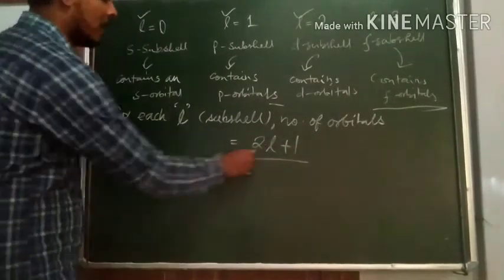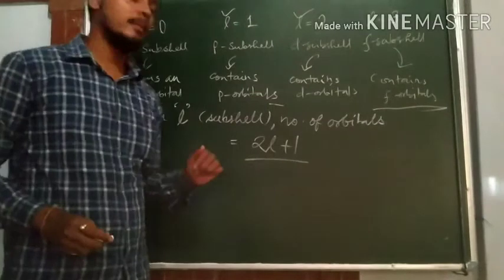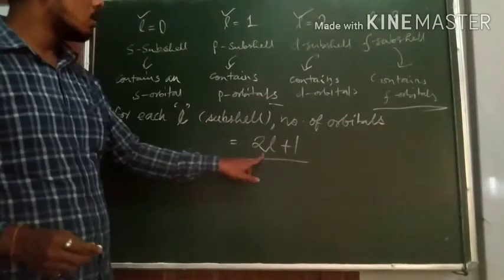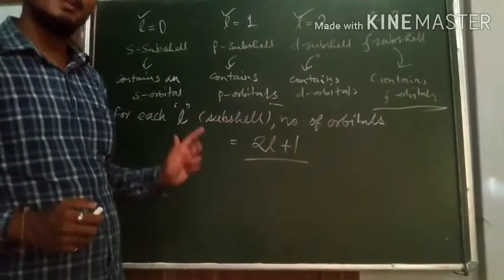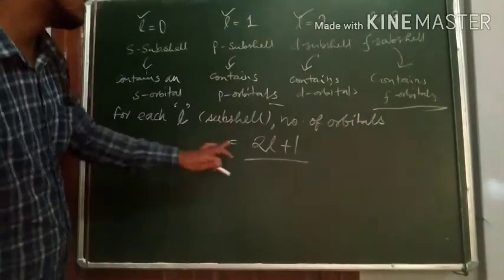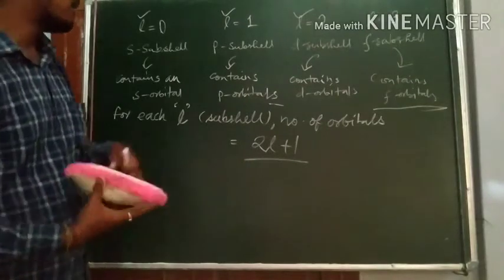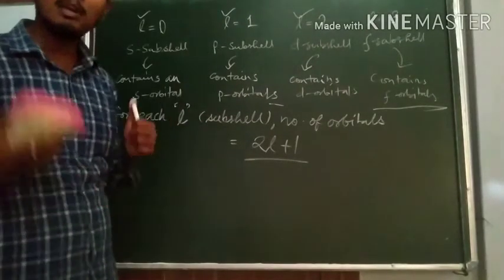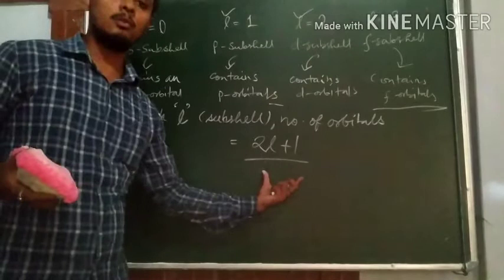So 2L plus 1 orbitals will be present in a particular subcell, where L is the particular value of L for that subcell. To calculate how many orbitals a particular subcell has, we use this equation, 2L plus 1.